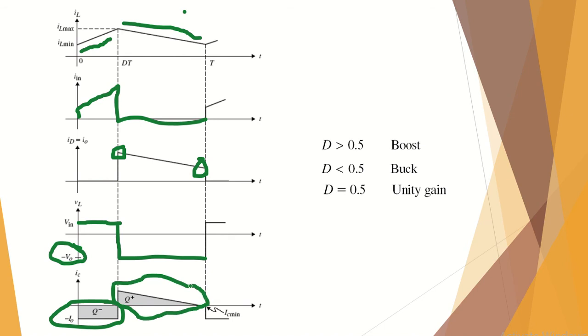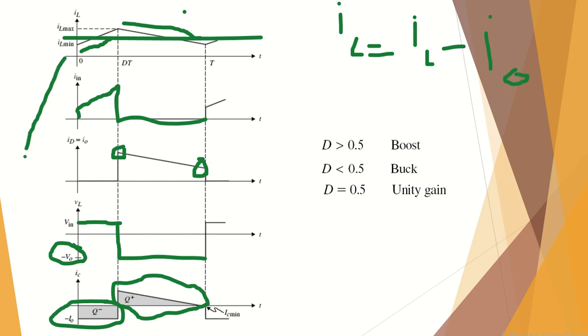And how do we get this graph? If you see over here, this is our inductor current graph IL, and if this is our output current, then IC is equal to IL minus I naught.